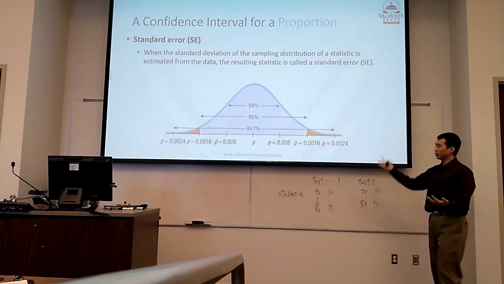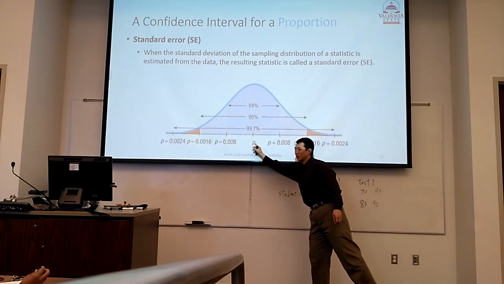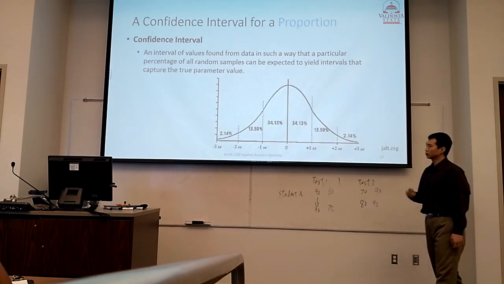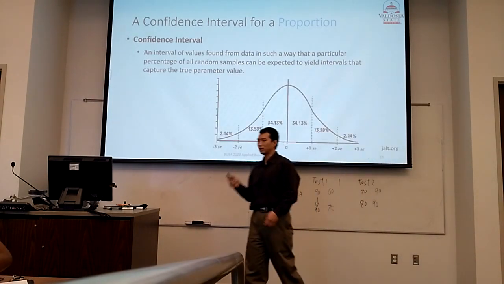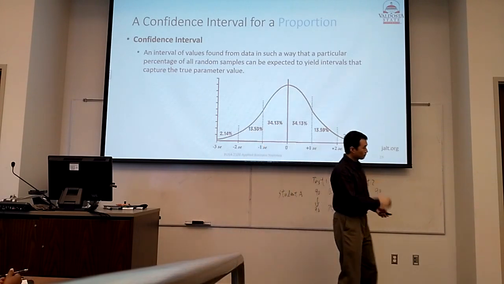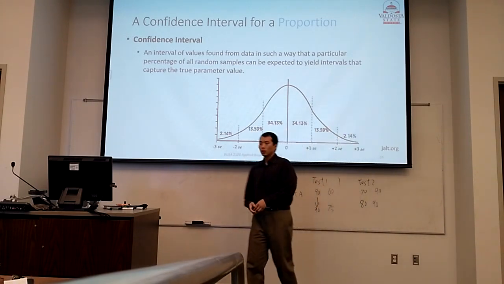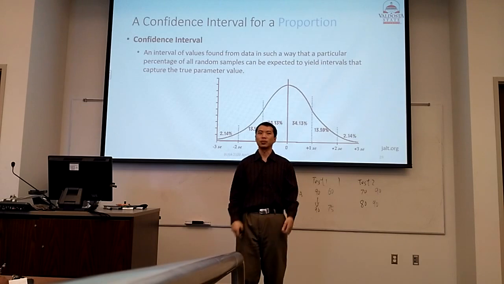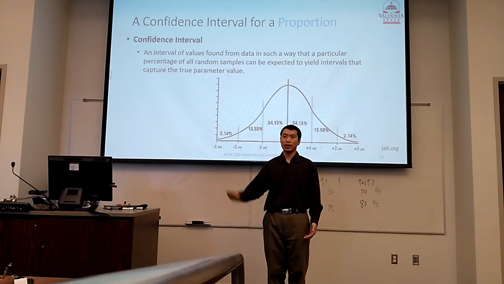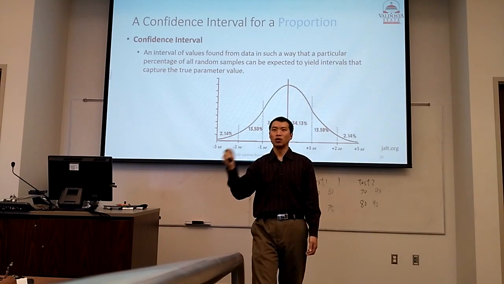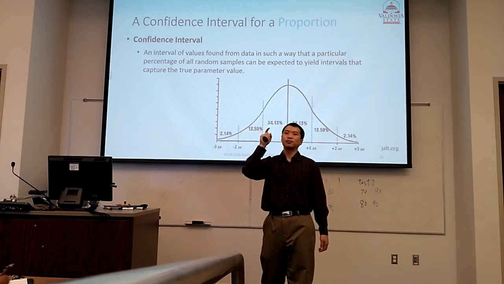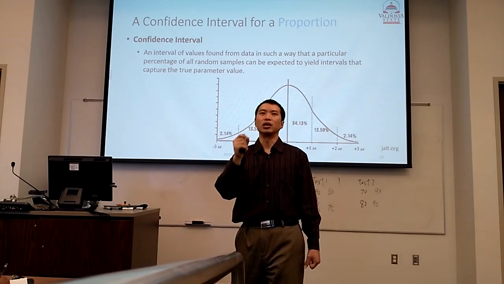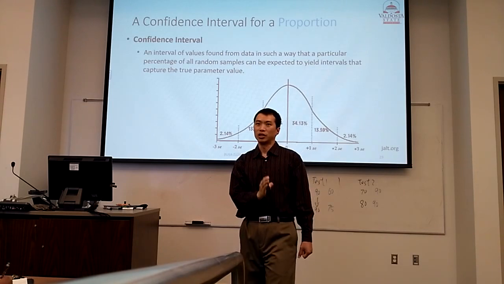Still, how do we use this logic to estimate where this population parameter is located? That's why we want to construct this confidence interval. We know that the population parameter, in this case the population proportion, is located somewhere. And if we use the standard deviation, we know that 68% of the samples will be within one standard deviation away from the true population parameter.